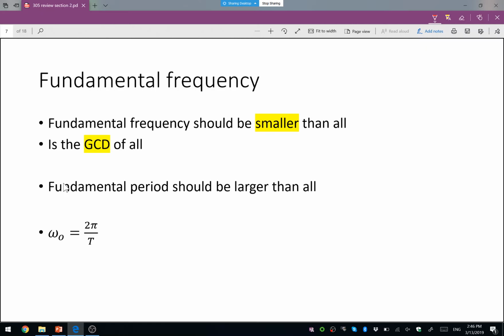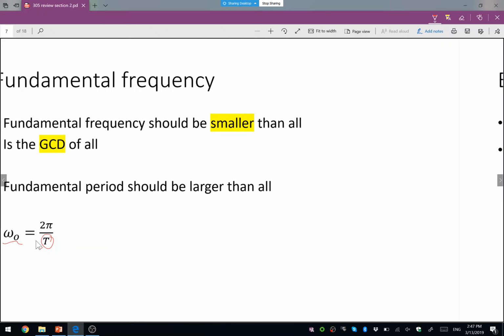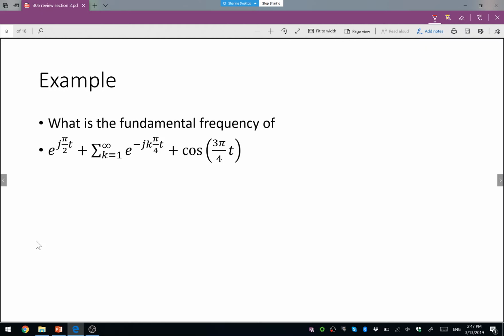It cannot get larger. Sometimes problems ask about the fundamental period, which is always larger than all the periods. That's another problem, but usually we just care about the frequency. So this is the relationship of angular frequency and the period. One example is: what is the fundamental frequency of this system, or this signal, I should say.